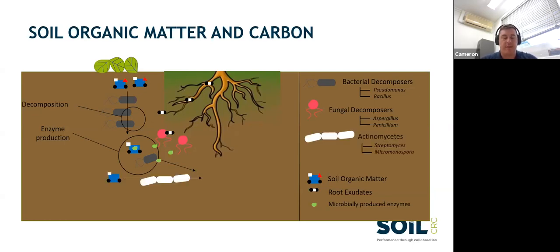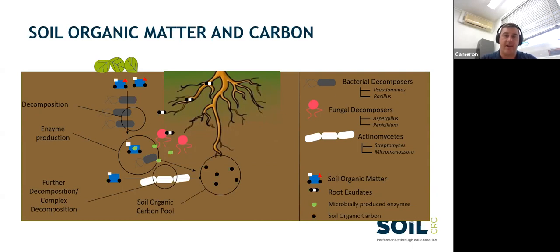And this is where actinomycetes come in, and they can further decompose the organic matter, or if it's a complex carbon form, they'll act on that. This ends up with a soil organic carbon pool in the soil, and plants can take this up, and other microbes utilize this for their functions to go on and do other things.